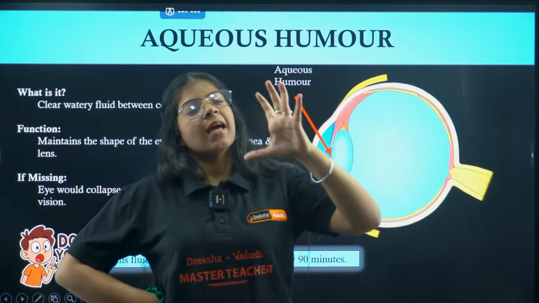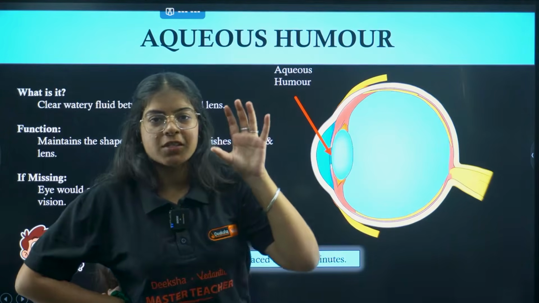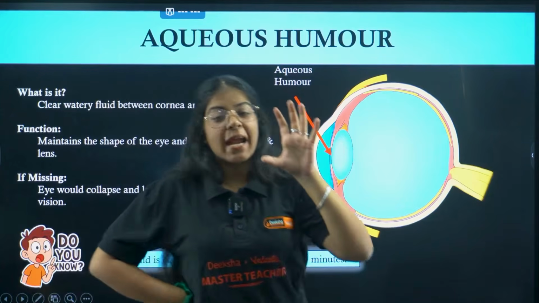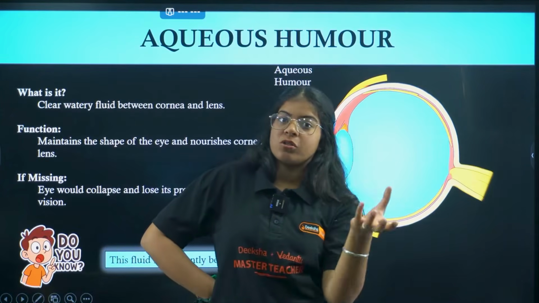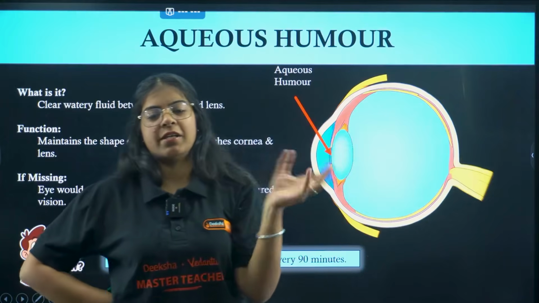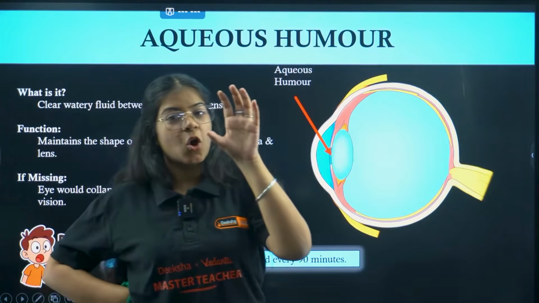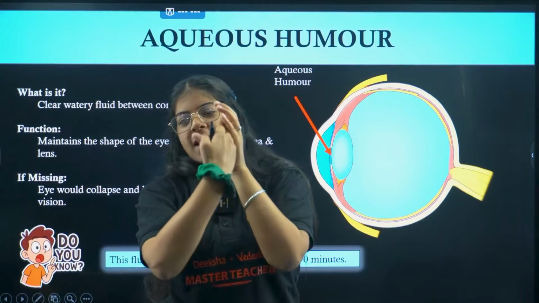What is it? We have the cornea. We studied about cornea, right? And we also know that our eye also has a lens. Of course, it has a lens. So, this is our cornea, and there sits our lens.